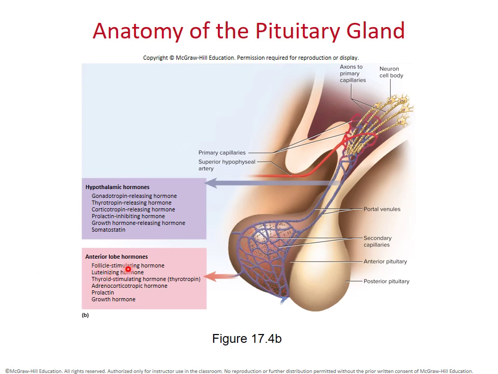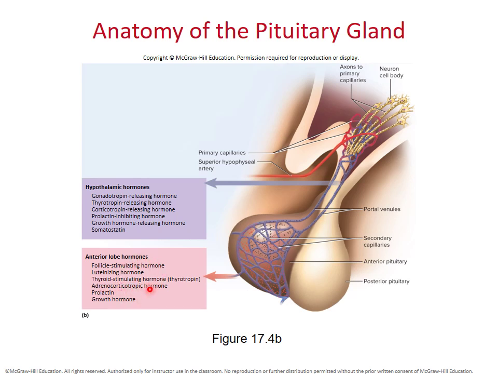So follicle stimulating hormone is going to stimulate testes and ovaries. Luteinizing hormone is going to have an effect on the activity of, again, testes and ovaries. Thyroid stimulating hormone is going to affect the behavior of the thyroid gland. Adrenocorticotropic hormone is going to affect the behavior of the adrenal cortex and of the adrenal gland.